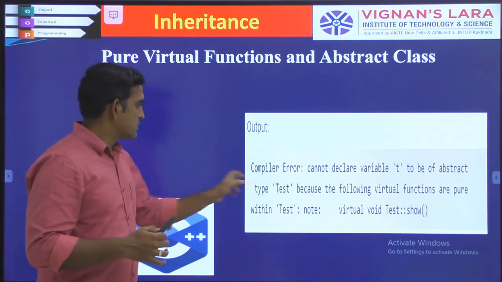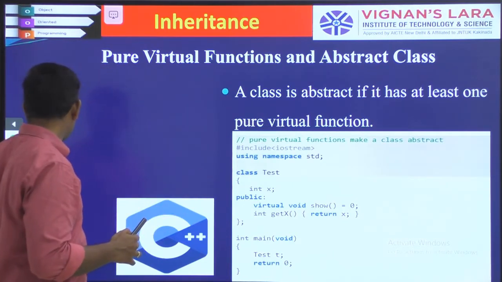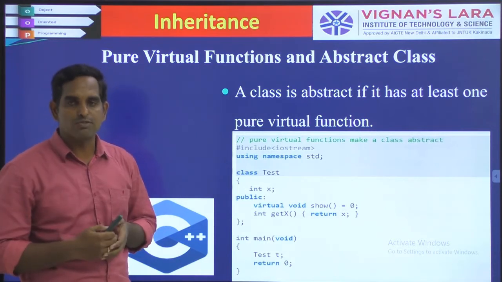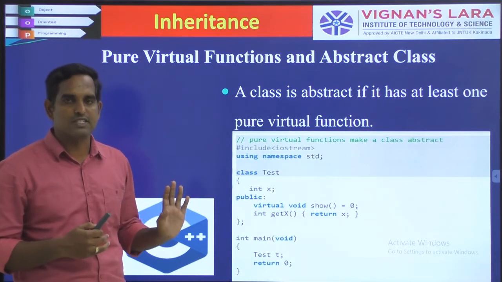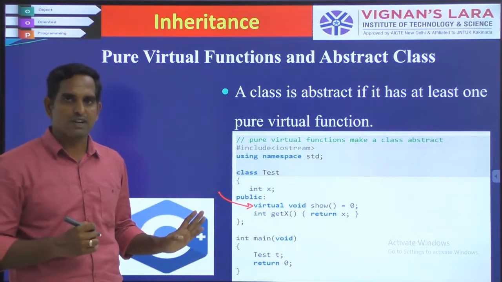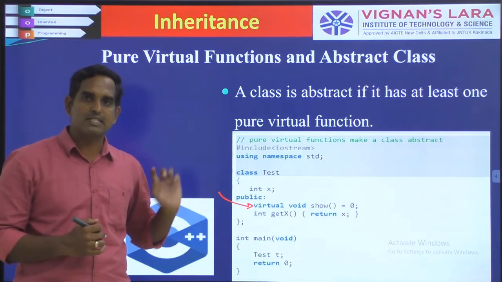And the second thing you have to know is, if you try to create an object for your base class without the implementation of your abstract function, that is, if you don't define this particular pure virtual function in your derived classes and you try to create an object for your base class.